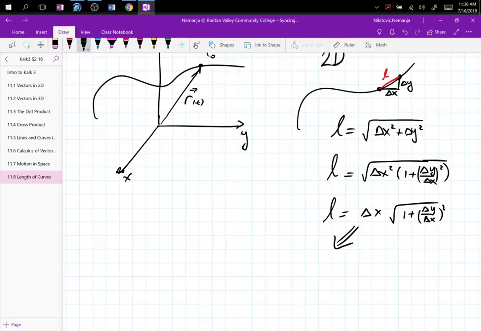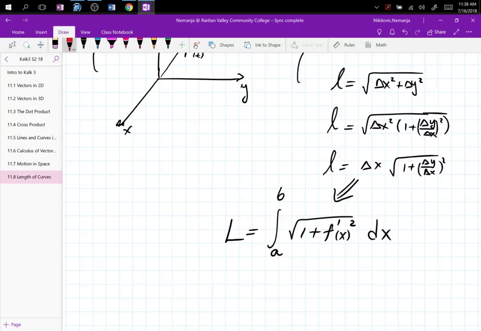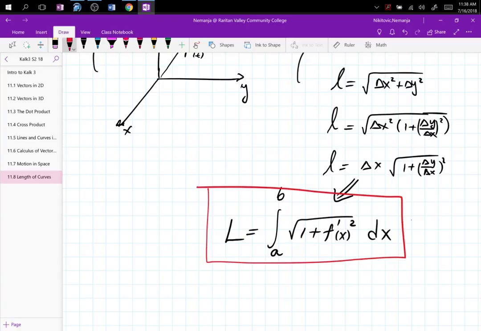You add all of the infinity of those, you would get that length of the curve L is given from a to b of the square root of 1 plus f prime of x squared dx. This was your length of curve in 2D in rectangular coordinates.